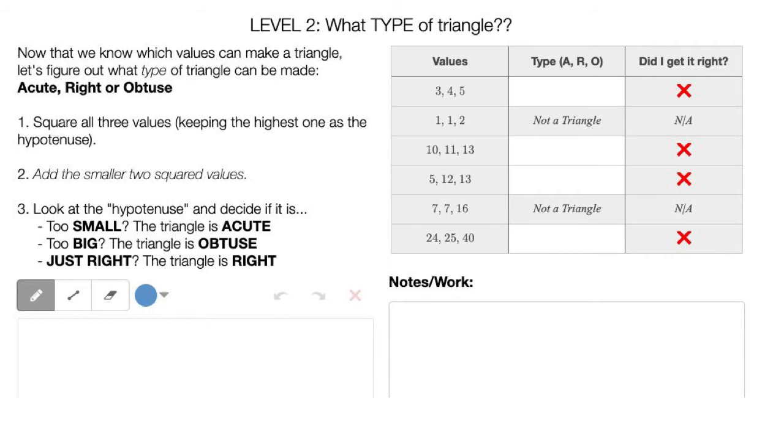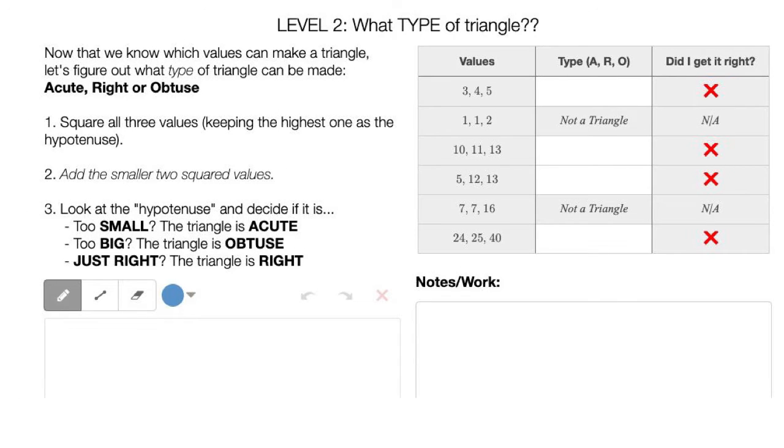So we're going to continue with that list we had on the first slide. And I want to talk about what I'm going to call level 2 of types of triangles. As a reminder, level 1, we took 3, 4, 5. We said 5 was the biggest.